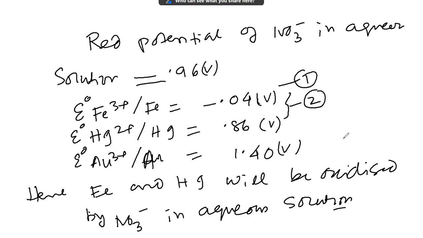As the reduction potential of Au3 plus to Au is more than that of NO3 minus, Au will not be oxidized to Au3 plus, but the other two will be oxidized.